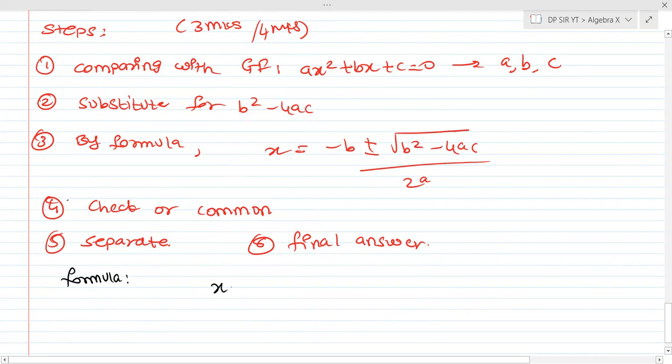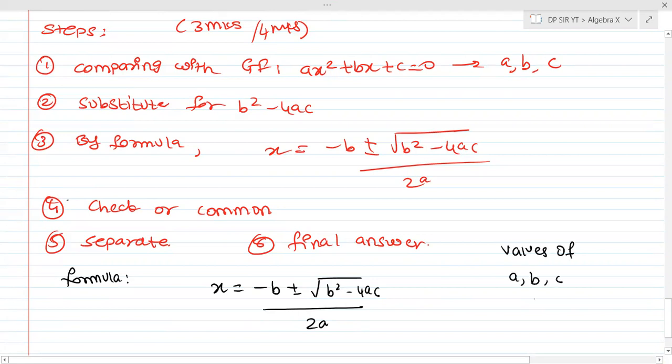X is equal to minus b plus or minus under root of b square minus 4ac upon 2a, where you will get values of a, b, c from the general form of a quadratic equation, that is ax square plus bx plus c is equal to 0. Isn't it? I hope it's fine.